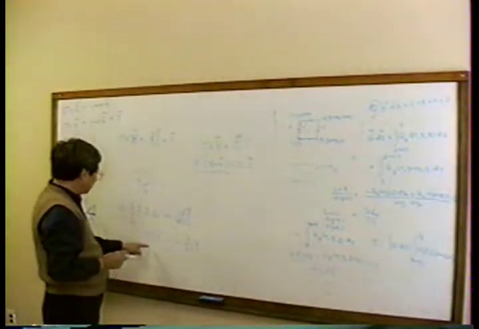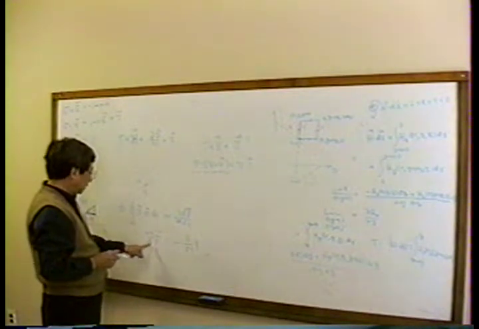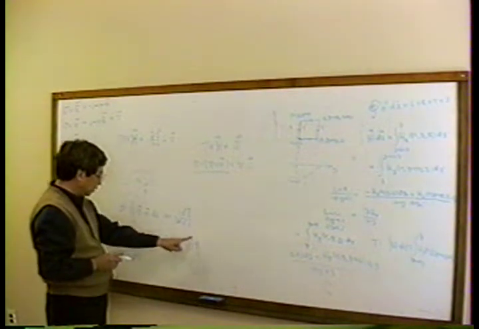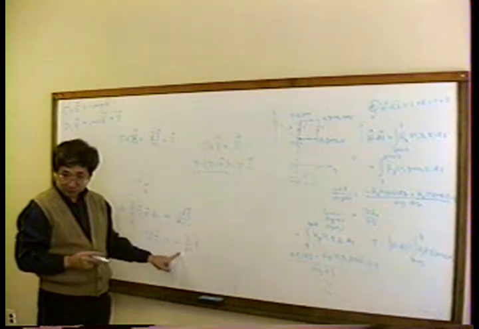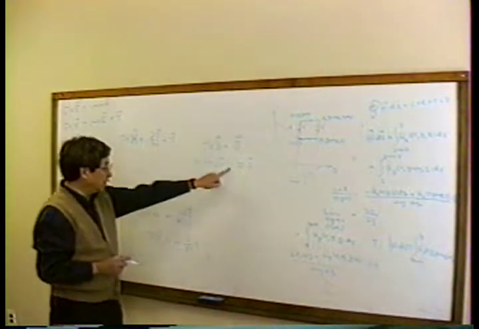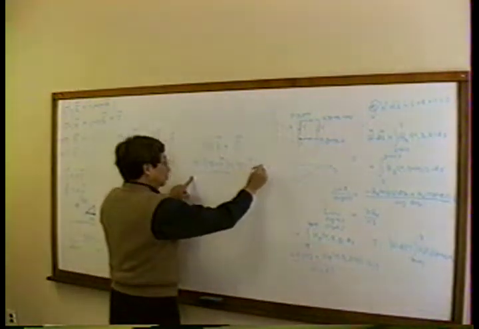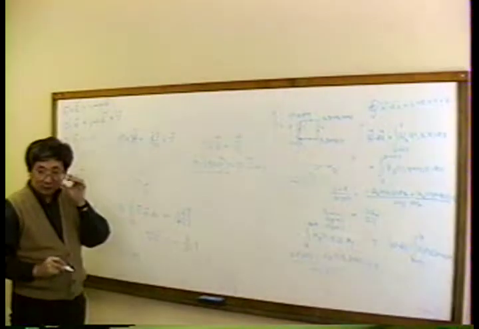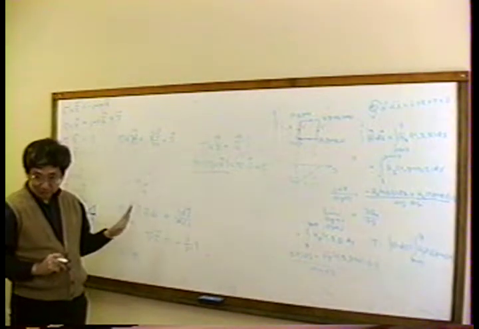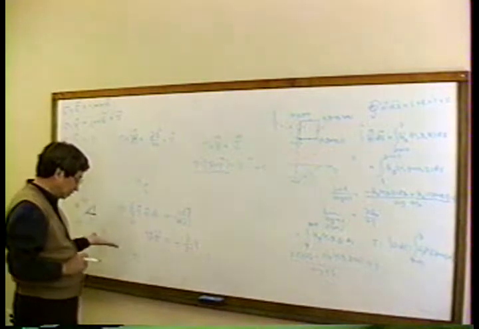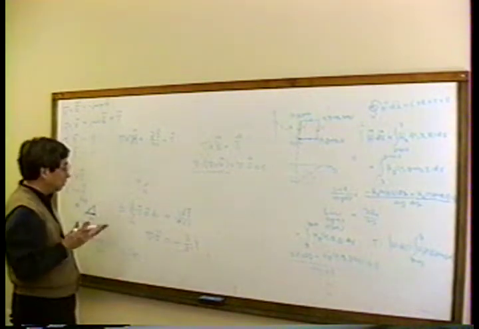Because from the physics, we say del dot J must be equal to minus d rho dt. Here it says del dot J equals 0. This is the inconsistency.